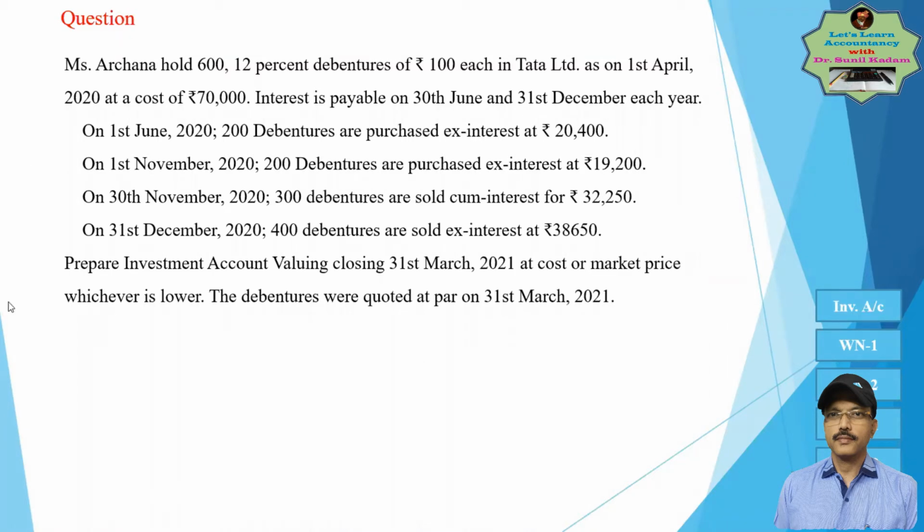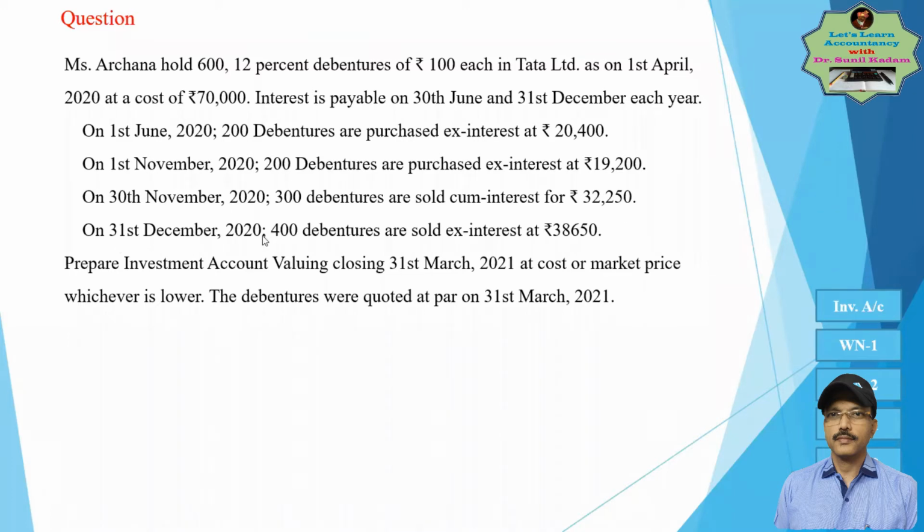On 1st November 2020, 200 debentures are purchased ex interest at 19,200. On 30th November 2020, 300 debentures are sold cum interest for 32,250.